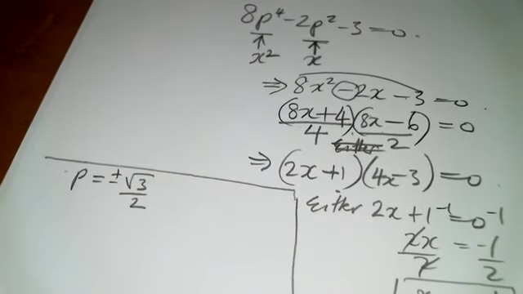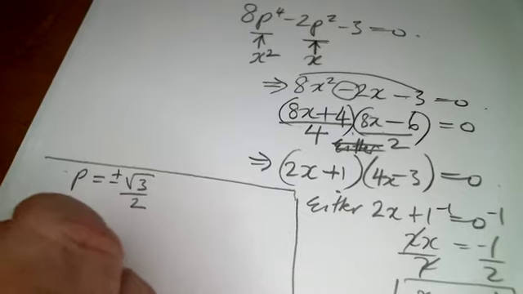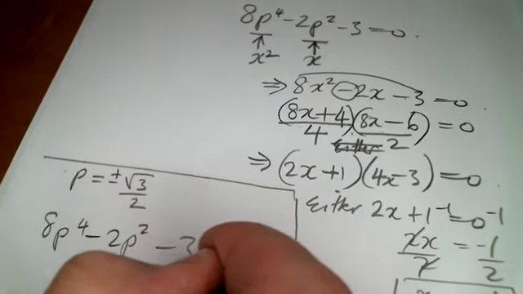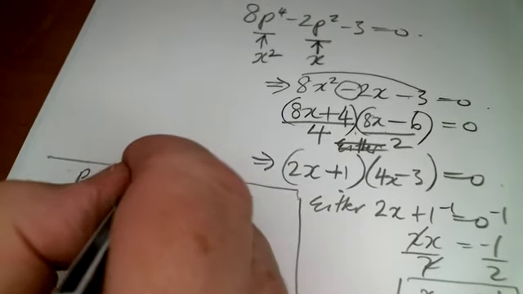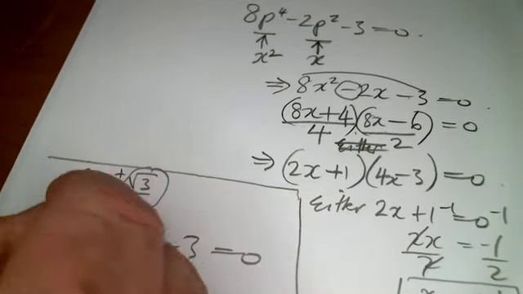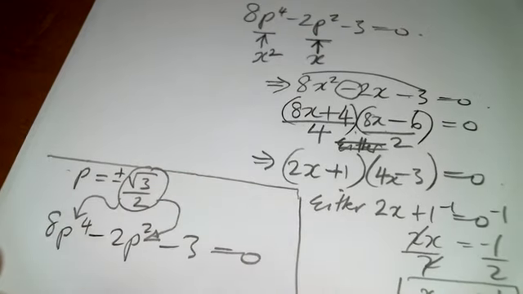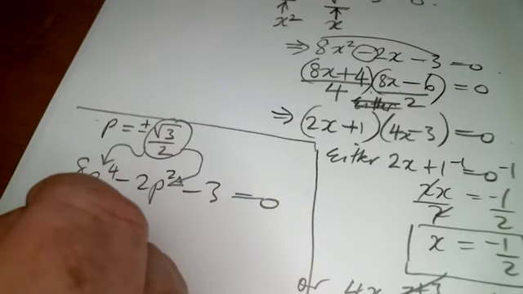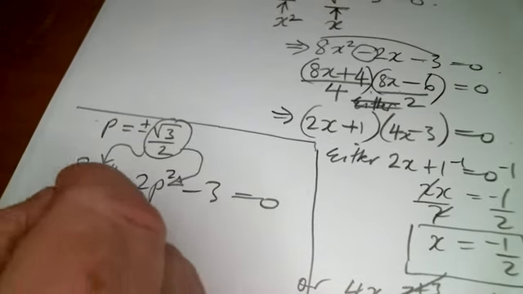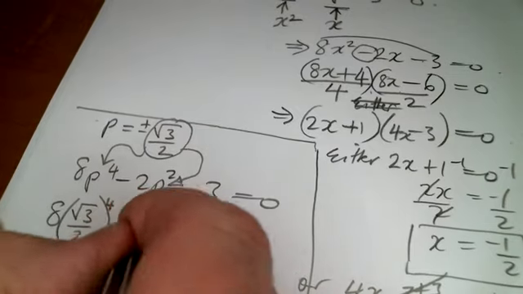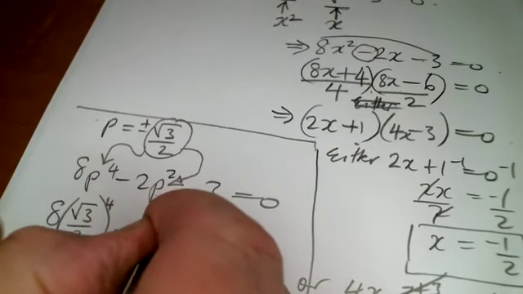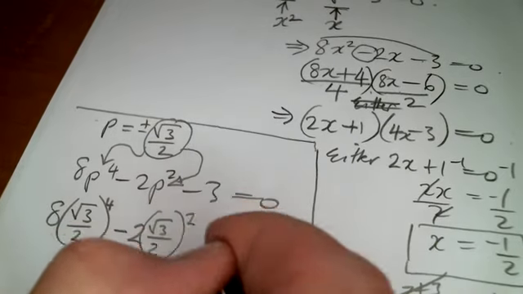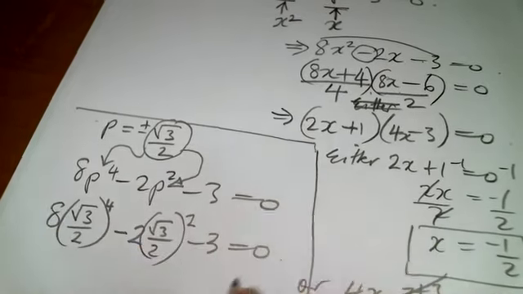All right, so let's see how this plays out. I've got 8p to the 4 minus 2p to the 2 minus 3 is equal to 0, and I'm putting this value into p. So I've got 8 times root 3 on 2 to the 4 minus 2 times root 3 on 2 squared minus 3 is equal to 0.